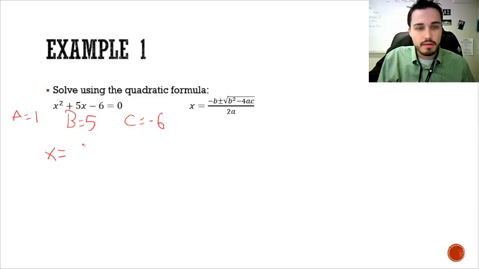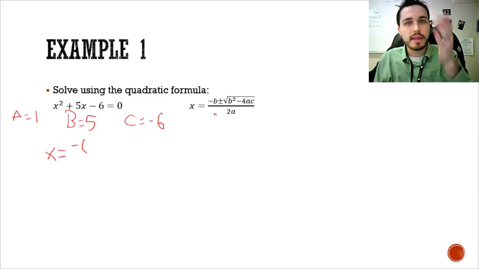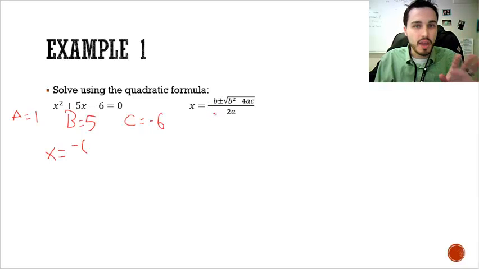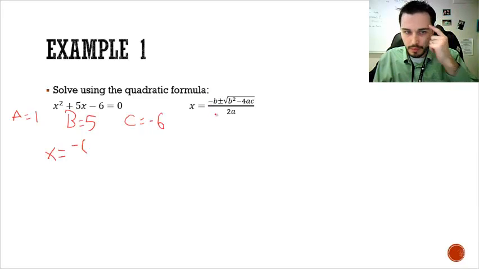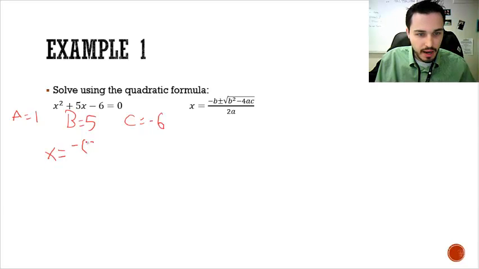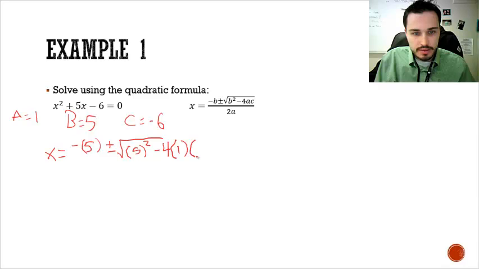Everywhere I see a B, I'm going to put this 5, so I still need the negative sign though. Remember that we've had issues with negative b, like negative b over 2a. You have to make sure that if b is already negative, you're going to have a double negative. But here I don't have that, I just have negative 5 plus or minus the square root of 5 squared minus 4 times a is 1 and c is negative 6.